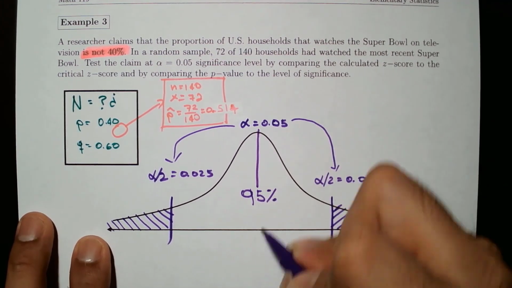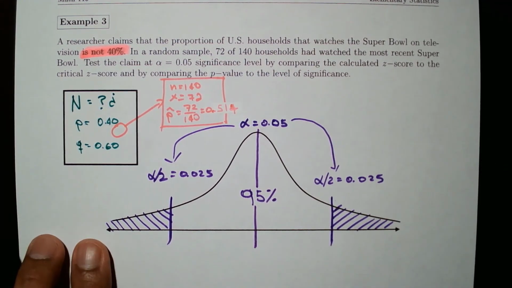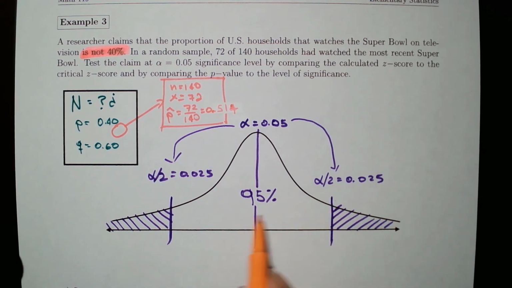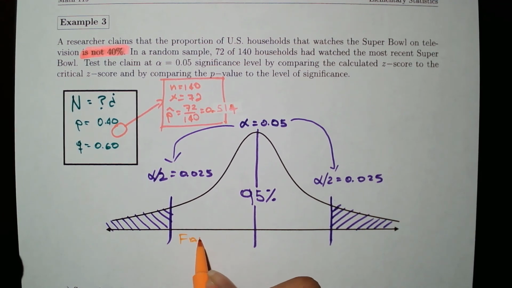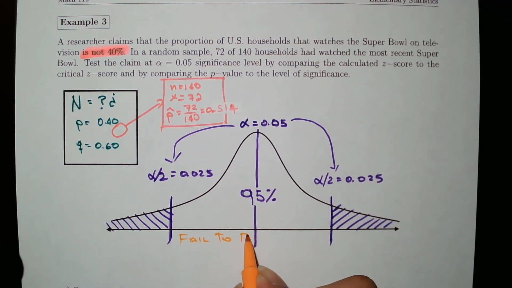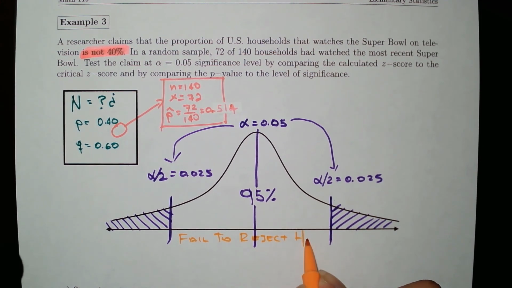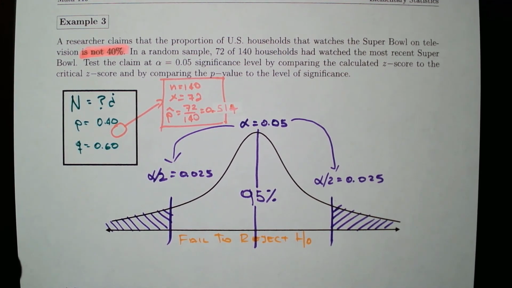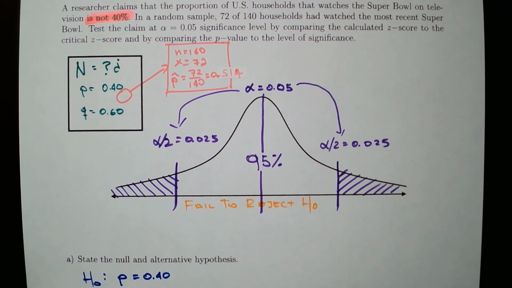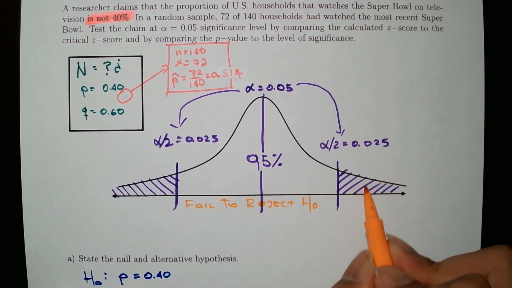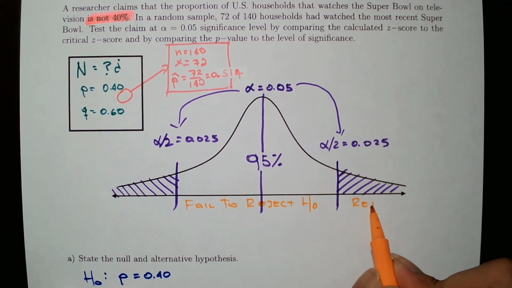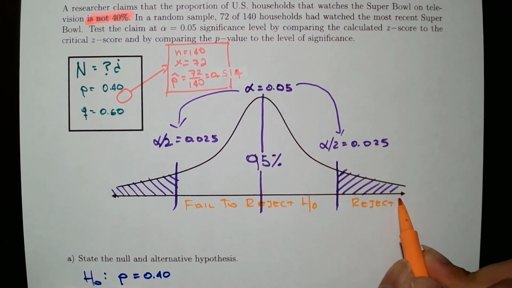Okay. So that means in this case, any value within this region, we fail to reject the null hypothesis. Otherwise, if it falls somewhere here, reject the null hypothesis.